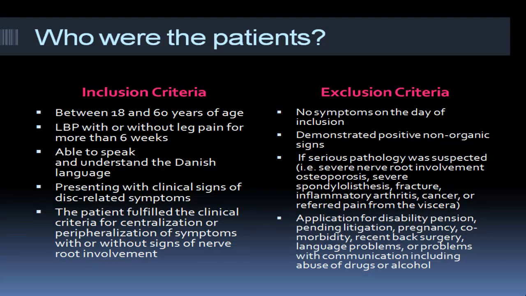The exclusion criteria were no symptoms on the day of inclusion, demonstrating positive non-organic signs, if serious pathology was suspected, an application for disability pension, pending litigation, pregnancy, comorbidity, recent back surgery, language problems, or problems with communication, including abuse of drugs or alcohol.